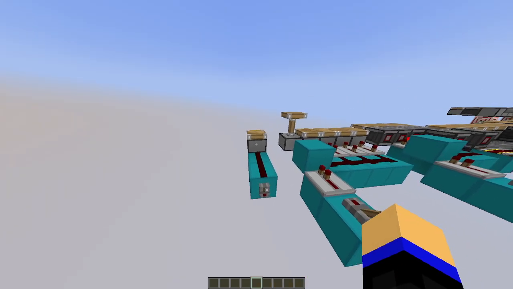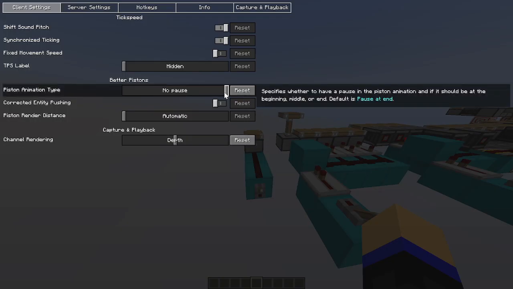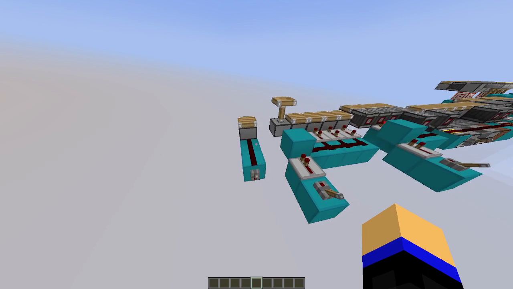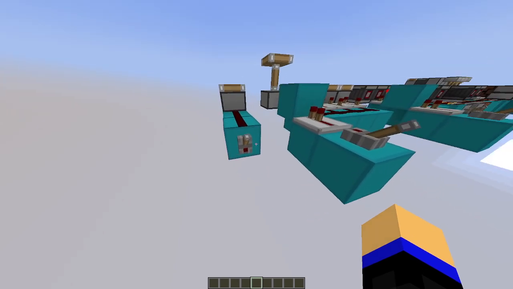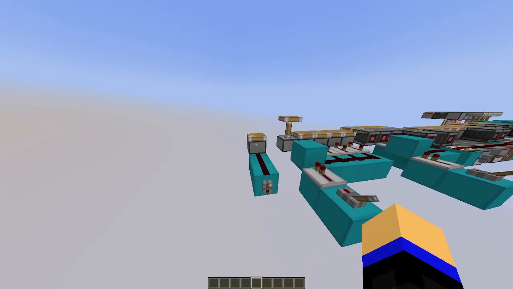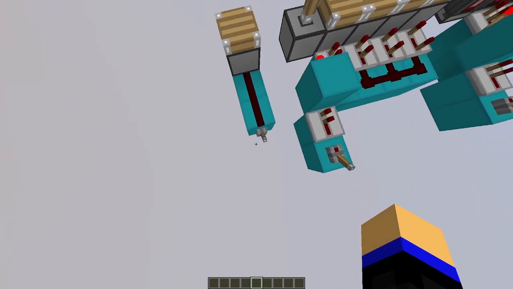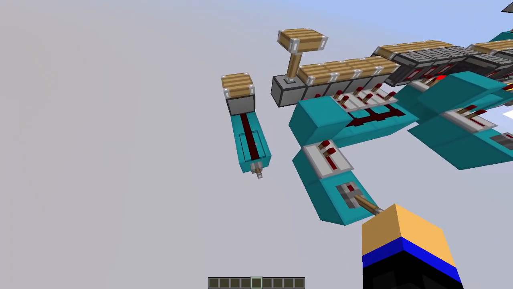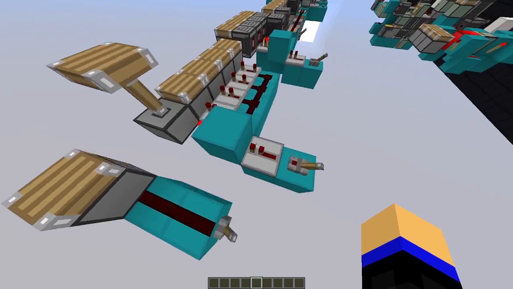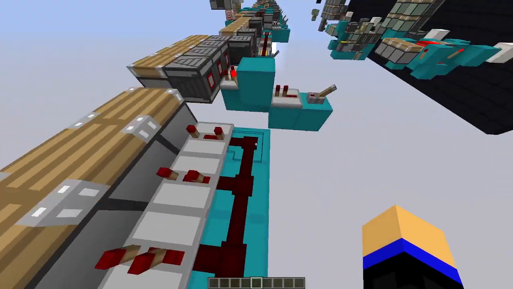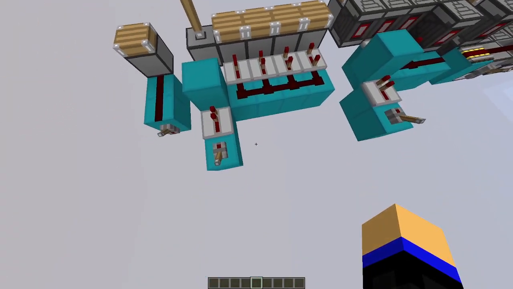Also, I'm using the game speed mod because later it will prove useful, and it also makes the piston look a bit nicer. Although sometimes some representation of the game speed mod might be a bit inaccurate, so I will change it back and forth. But anyway, the first thing we have to establish is no delay for redstone dust. So we can immediately use it here, because there's also no delay between here.